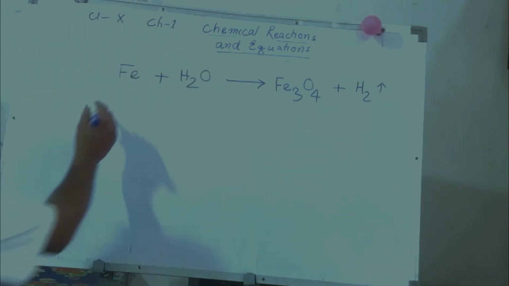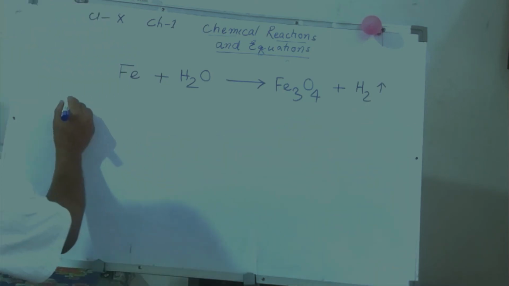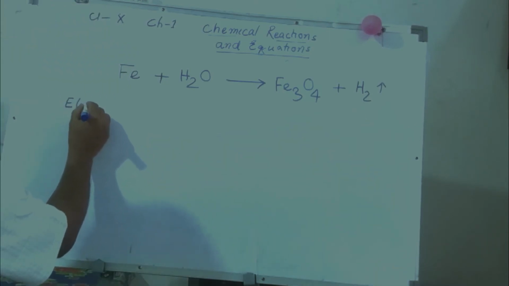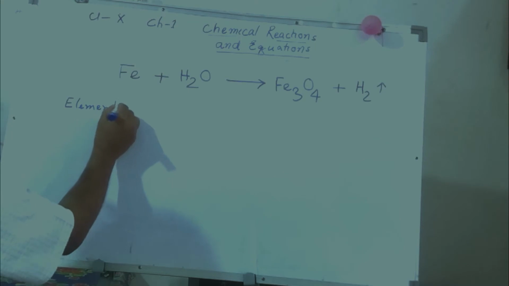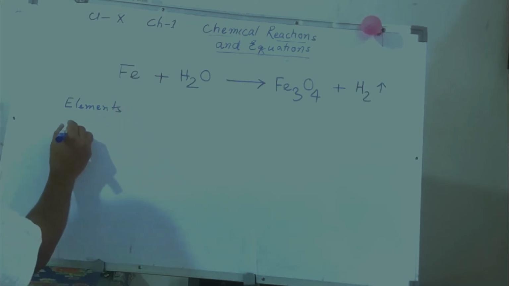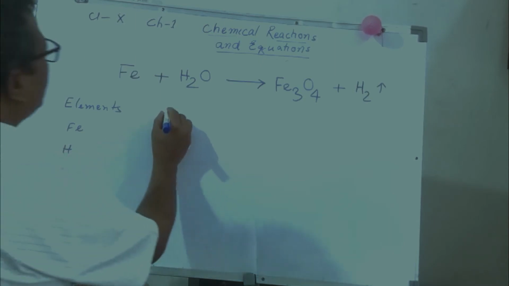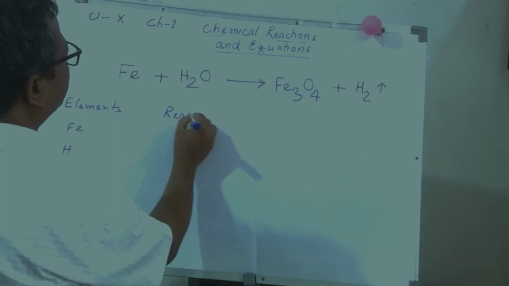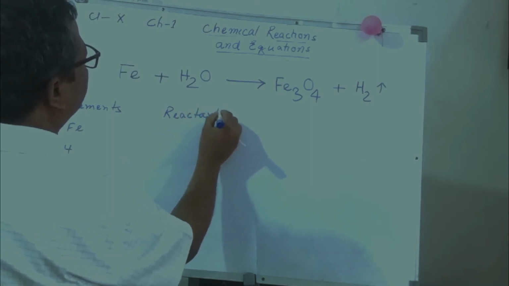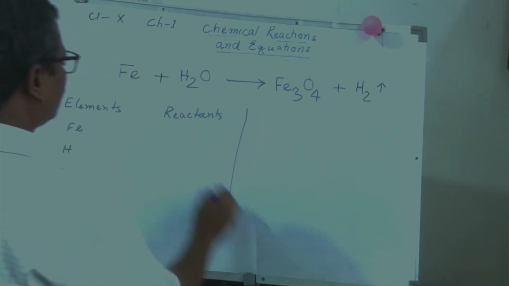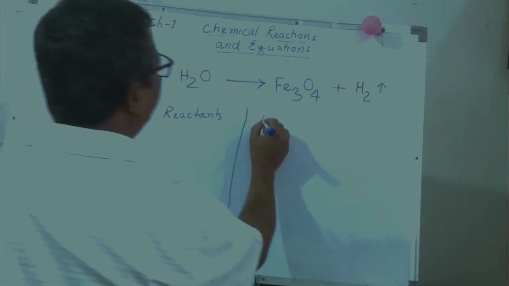Now, in this equation, what are the elements? The elements are iron, hydrogen, oxygen. What are the reactants? And the products.